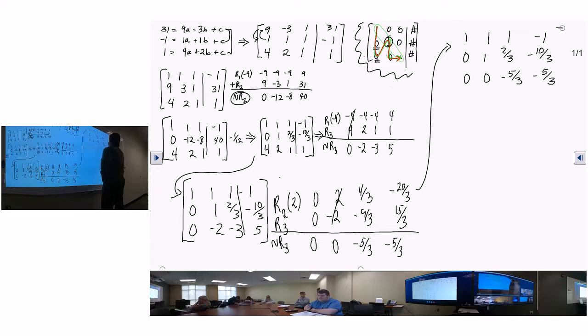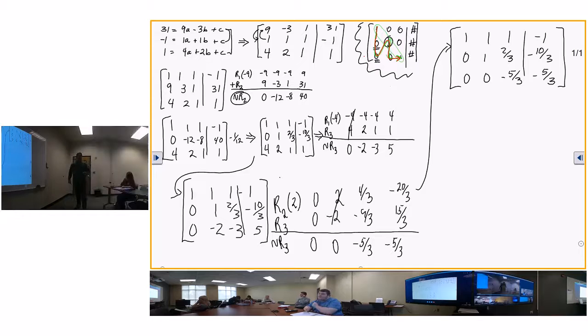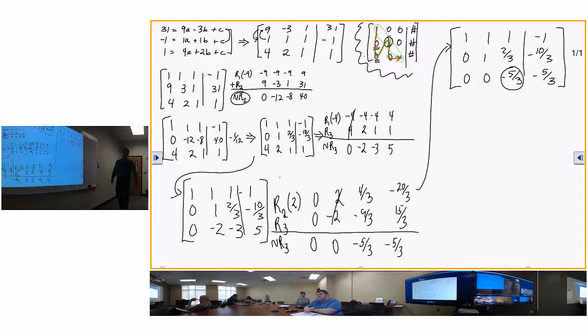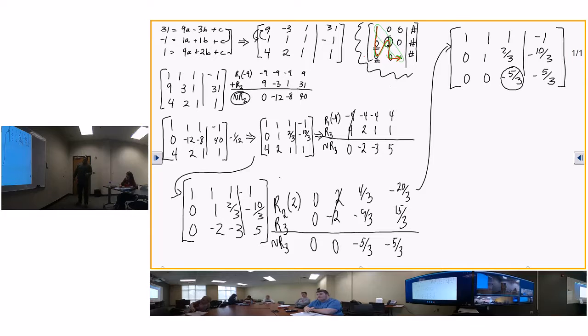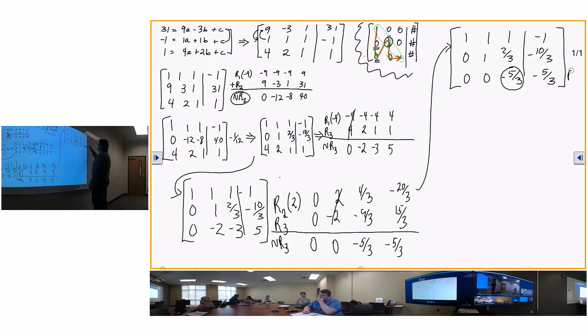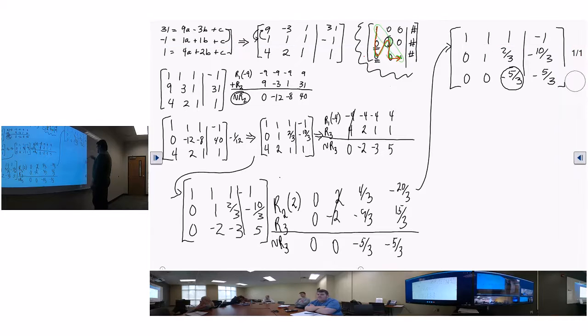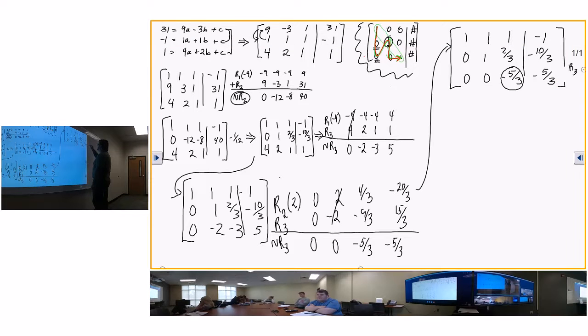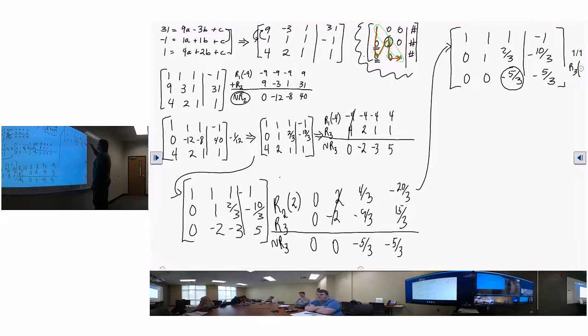I'm going to show you a trick I learned in the war. At this point, I can actually finish the problem. Because I need to make this a 1. So I need to multiply that row 3 by negative 3/5. Row 3 times negative 3/5.